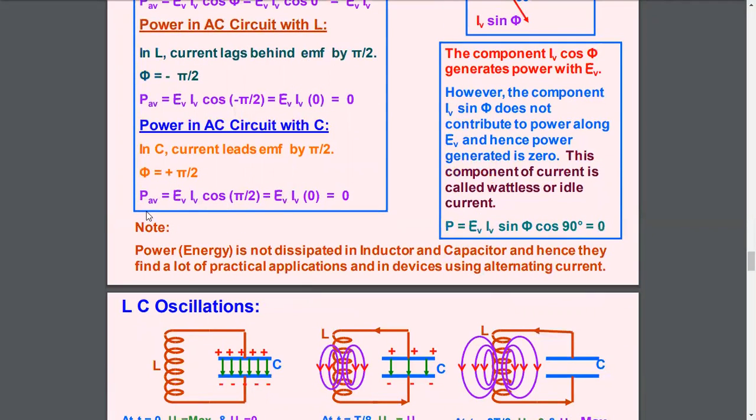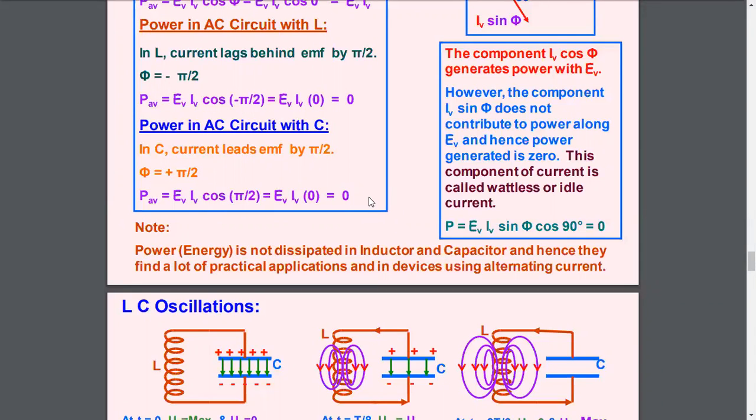Hence average power across the capacitive circuit will be ERMS into IRMS into cos phi, equals ERMS into IRMS into cos pi by 2, and cos pi by 2 equals 0. Therefore, the average power is 0.